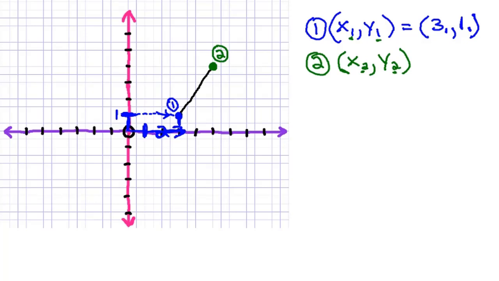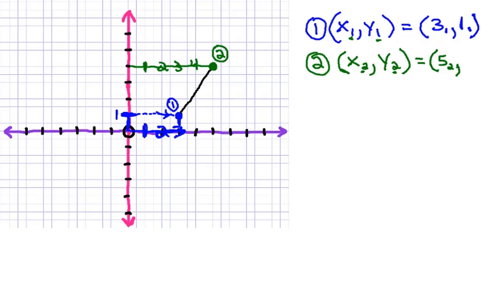Now what's the x value for our second point? Well, we have to count over how many notches it went over to the right from the 0. So it went over 1 notch, 2 notches, 3 notches, 4 notches, 5 notches. So for our second value, our x value is 5. And we're going to put a little 2 after that 5 to remind us that's the x value for the second point, and a comma.